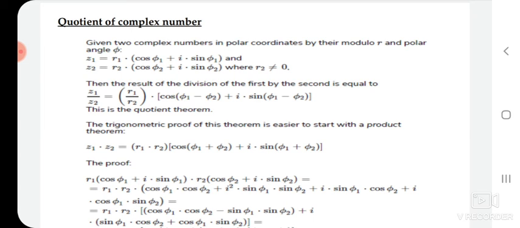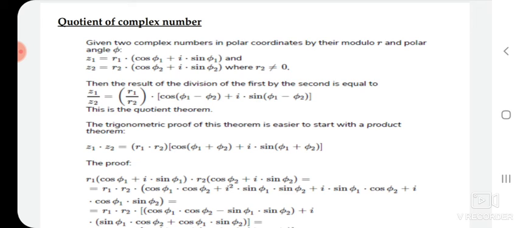Then the result of the division of the first by the second, z1 by z2, is equal to r1 by r2 into cos phi 1 plus i sin phi 1 divided by cos phi 2 plus i sin phi 2, which can be represented by cos of phi 1 minus phi 2 plus i sin of phi 1 minus phi 2. This is the quotient theorem.